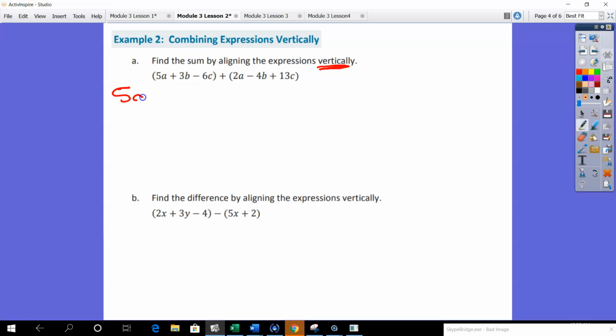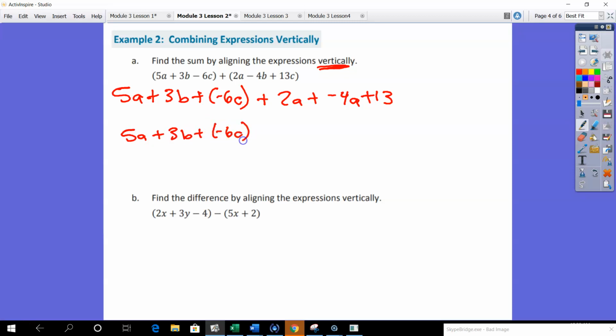So 5a plus 3b plus a negative 6c plus 2a, there's a subtraction sign, it's changing to addition, plus a negative 4b plus 13c. So that's what we're going to be aligning vertically. So 5a plus 3b plus a negative 6c.